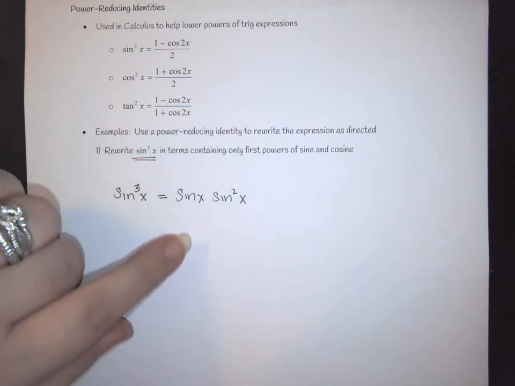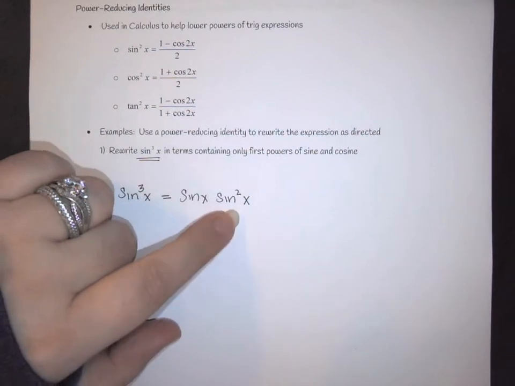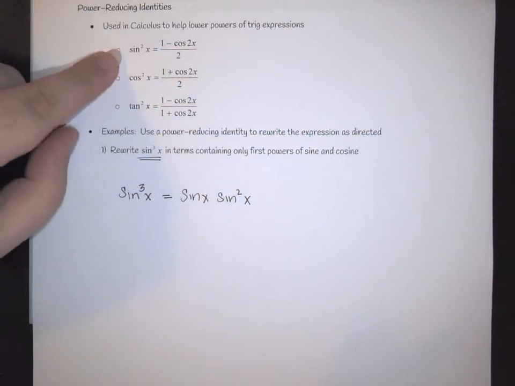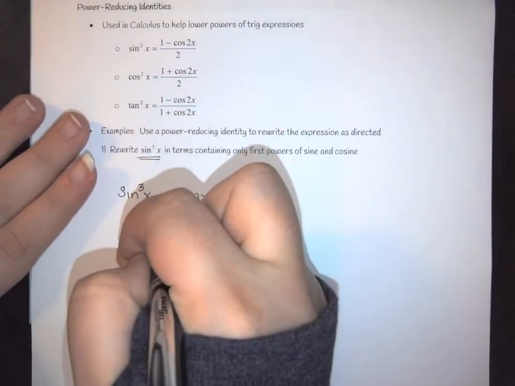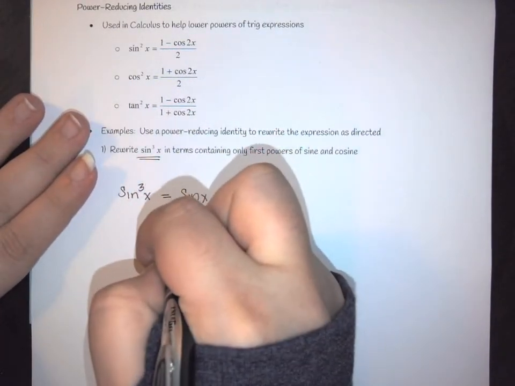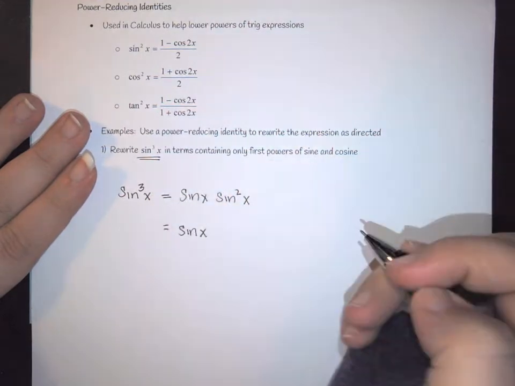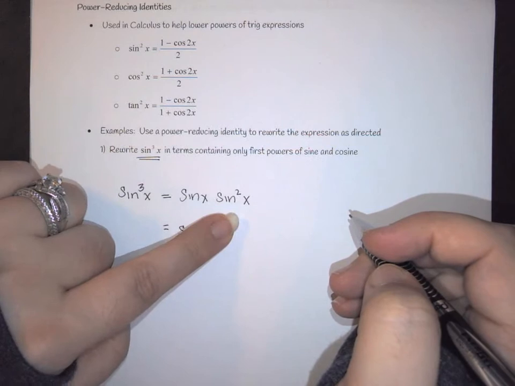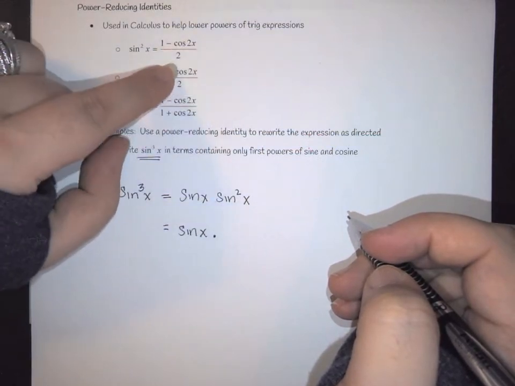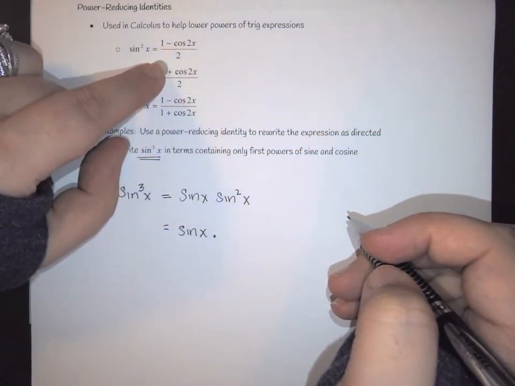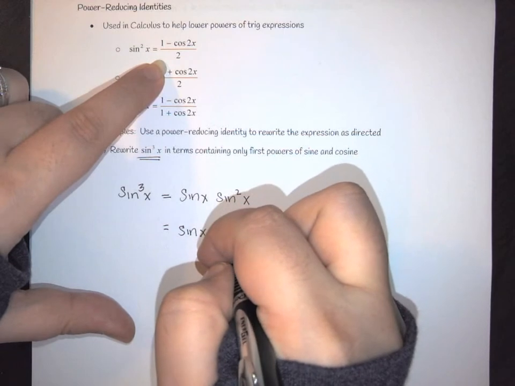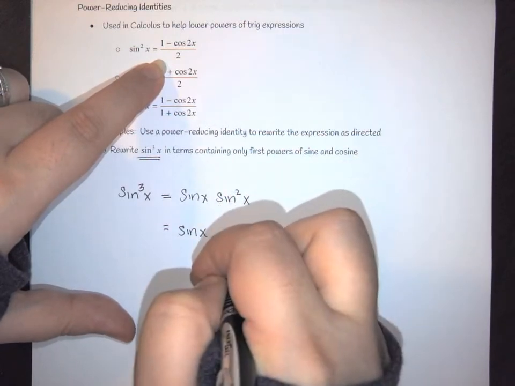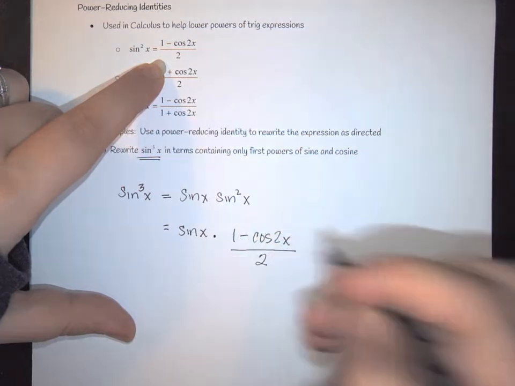Now here, notice I have a first power of sine, but I have a sine squared, and I have a trig identity for that. So I can rewrite this to say I have the sine of x, multiplied by my sine squared. I'm going to replace it here with this power identity, so this becomes 1 minus the cosine of 2x all over 2.